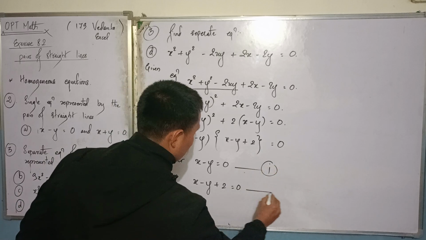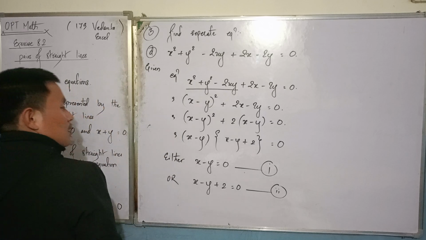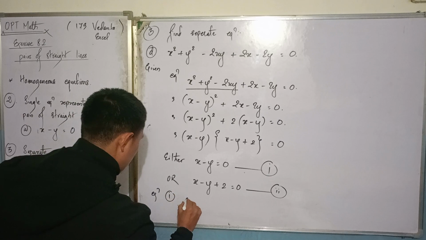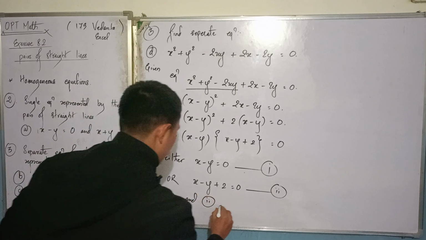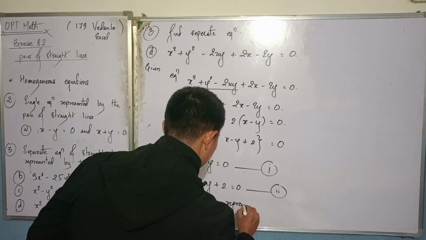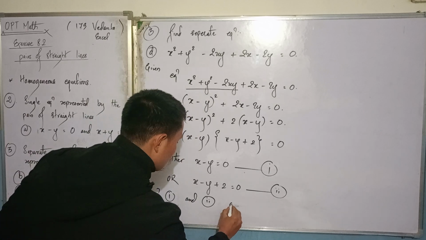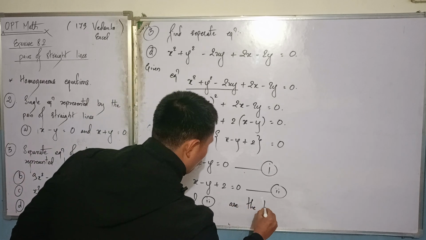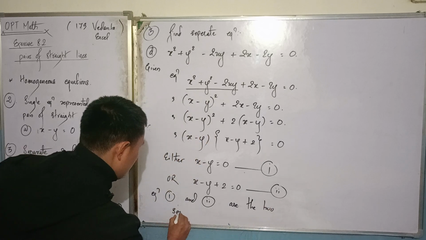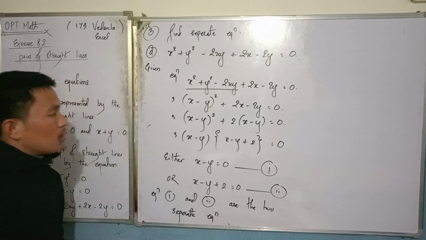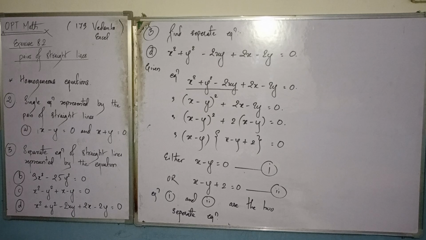So this is I and this is double I. So equation I and double I are the two separate equations. Okay, so this is how it is done. Okay, got it.